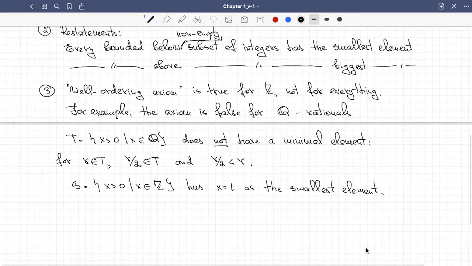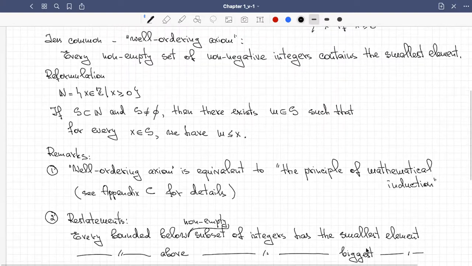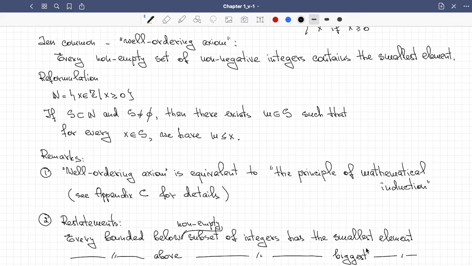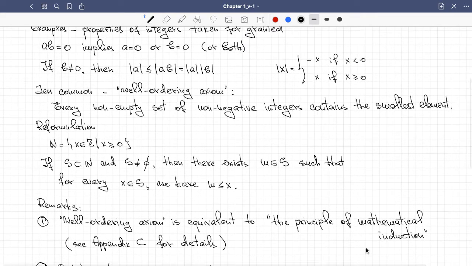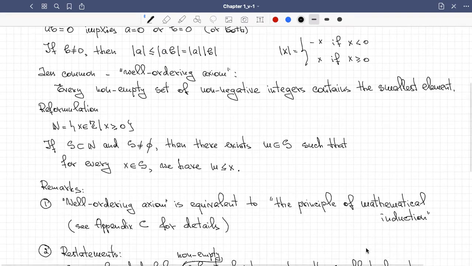That is all about the properties of integers which we take for granted. Some very simple properties, you know pretty well, and the well-ordering axiom.